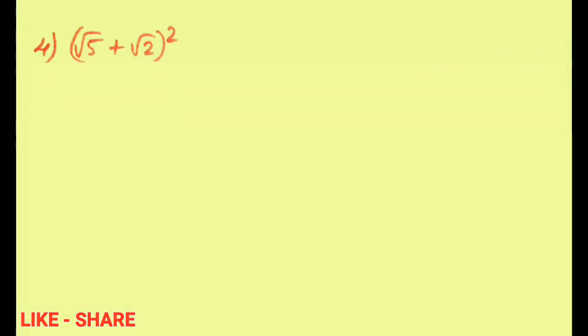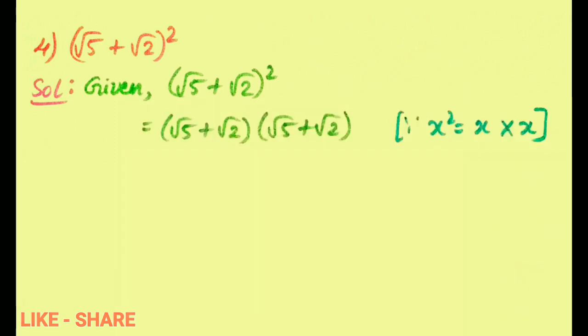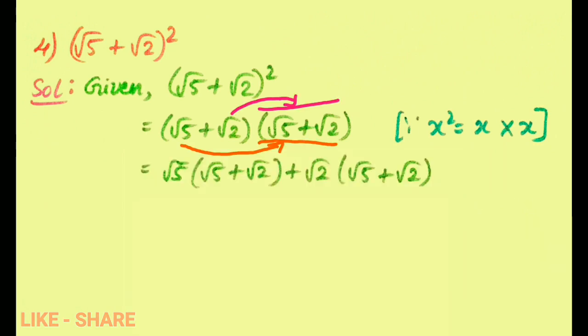See the fourth problem: (root 5 + root 2) whole square. Write the given as it is. (Root 5 + root 2) whole square can be written as (root 5 + root 2)(root 5 + root 2). Now root 5 into root 5 plus root 2, plus root 2 into root 5 plus root 2.